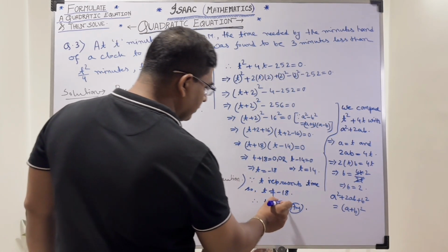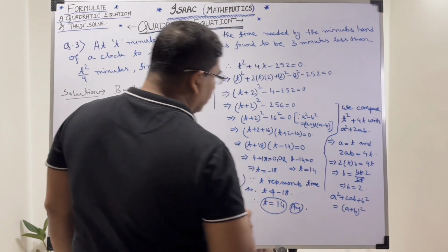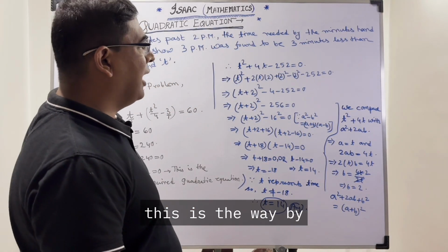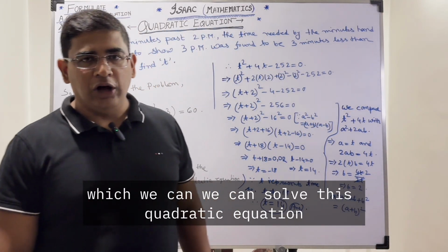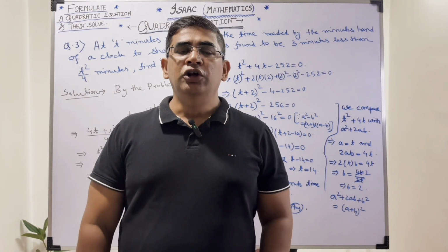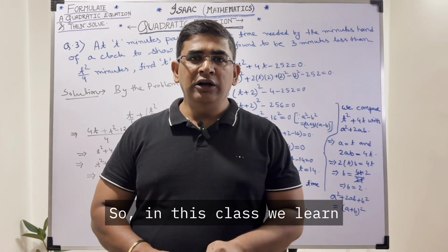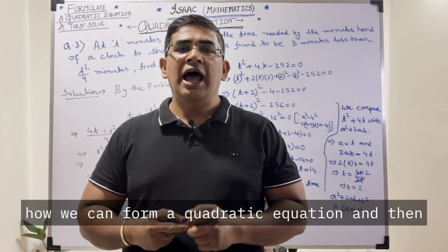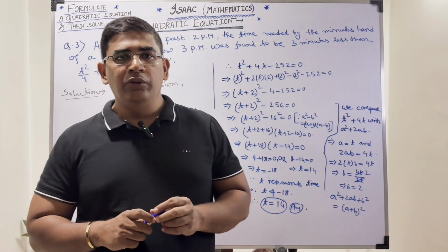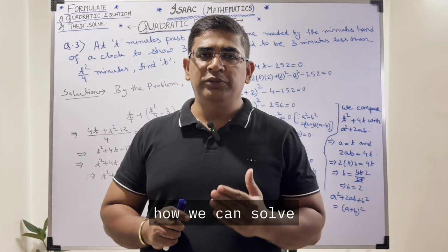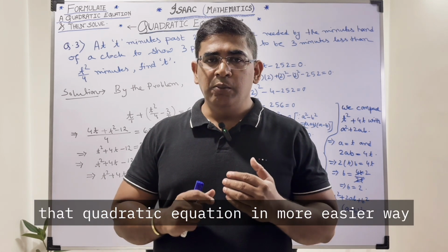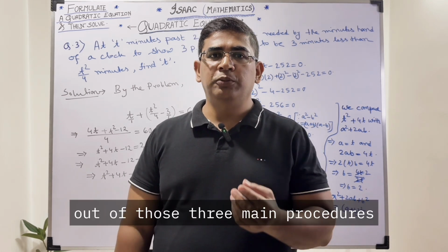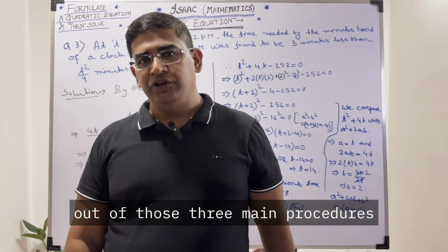Okay. So this is the way by which we can solve this quadratic equation. Okay. So in this class we learn how we can form a quadratic equation, and then how we can solve that quadratic equation in a more easier way out of those three main procedures. Okay.